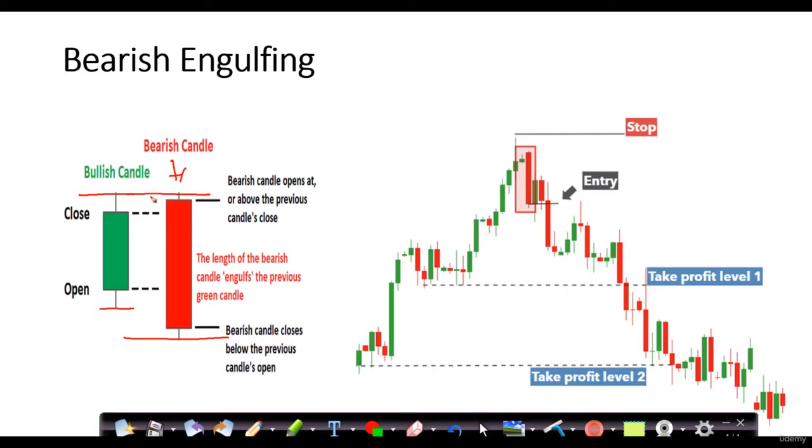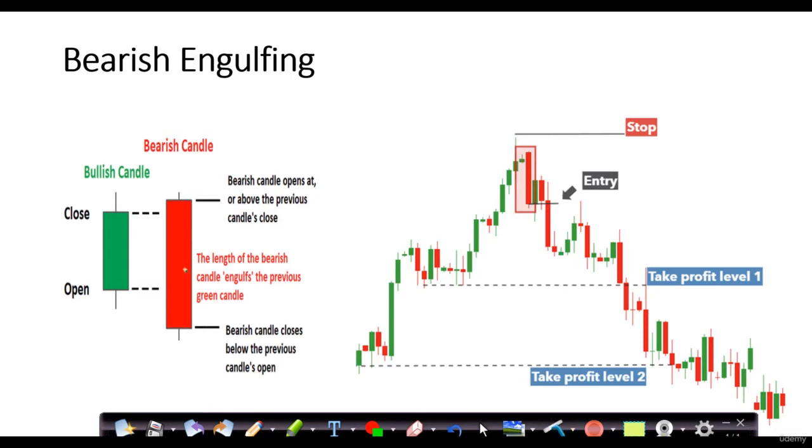In some books, some great authors say always check the body, and in some books they say always check the low and high. Actually, both are correct, because in that time frame the market is not moving upside, or the candle directly opened below this one. That's why it happens in bullish and bearish patterns.